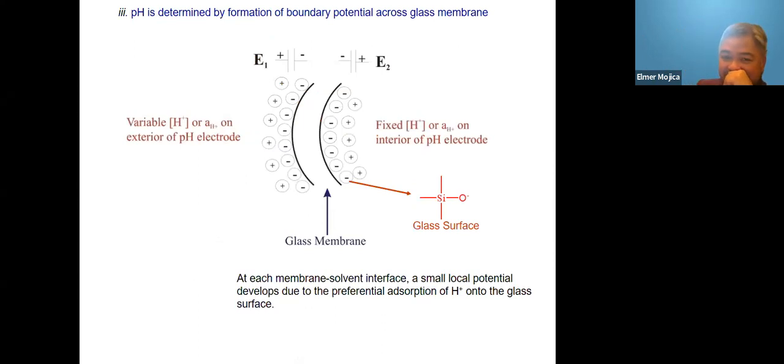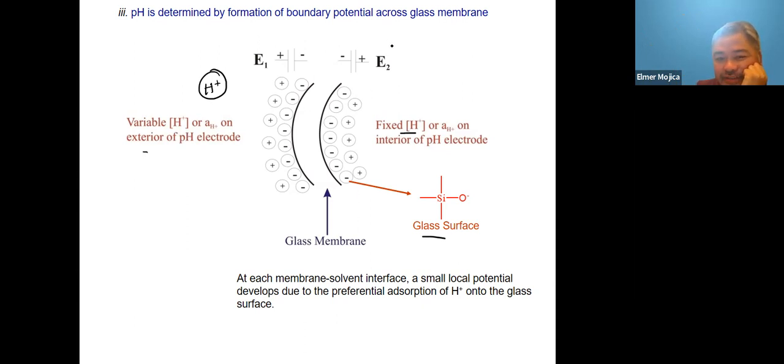Okay, it has something to do with the presence of your H plus. So ang nangyayari usually, glass is made up of what? Silica. So meron kang glass membrane doon. So doon sa silica mo, meron kang fixed activity ng hydrogen ion. Now, doon sa sample mo, variable yung H plus mo.